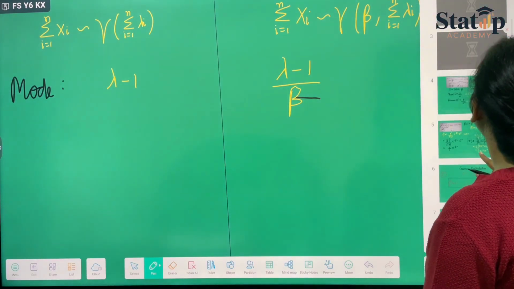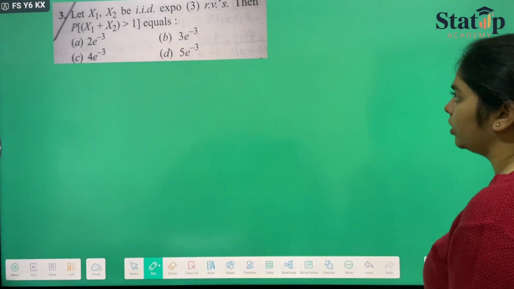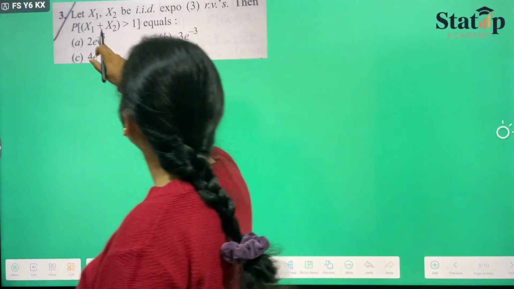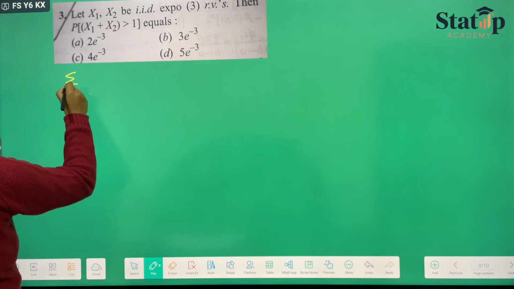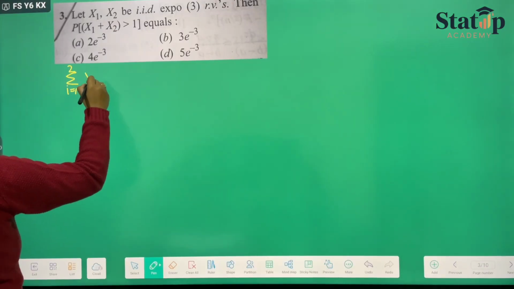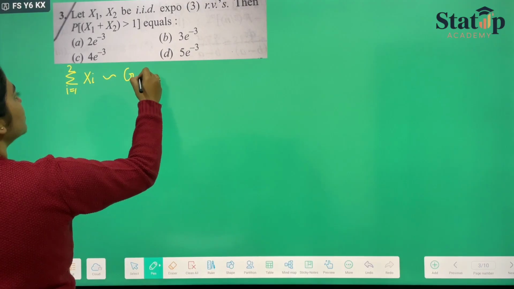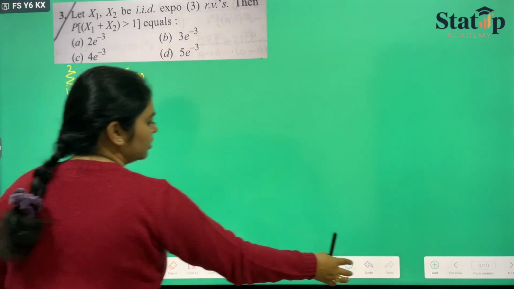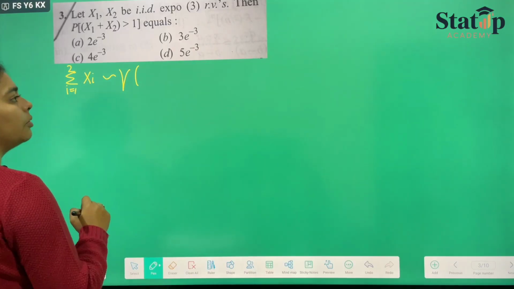So now we'll move back to the question. Here they have given us that x1 and x2, they have given us 2. So summation of i goes from 1 to 2, xi follows gamma with the parameters.